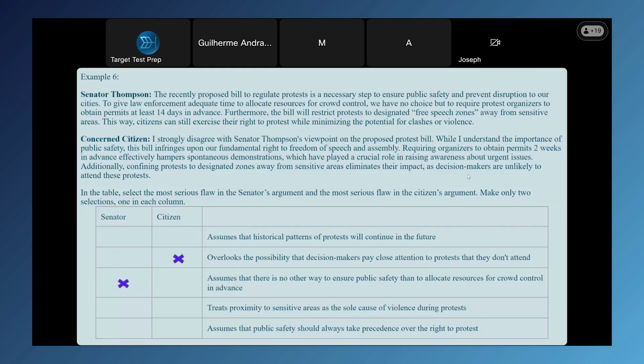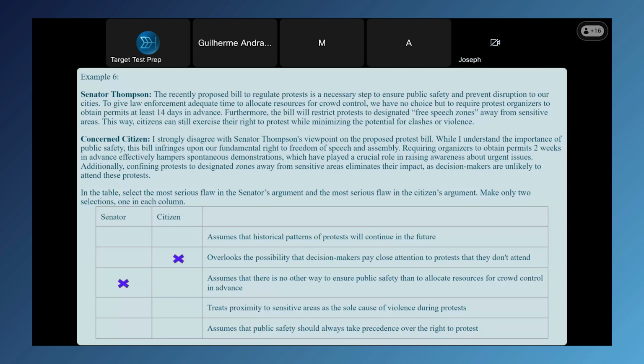Protests have played a crucial role, which have played a crucial role in raising awareness about urgent issues. So okay, I see what you're saying, that the citizen maybe does assume that spontaneous demonstrations would continue to play a crucial role in raising awareness about urgent issues in the future.